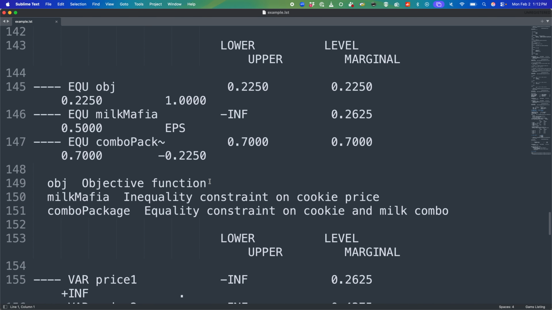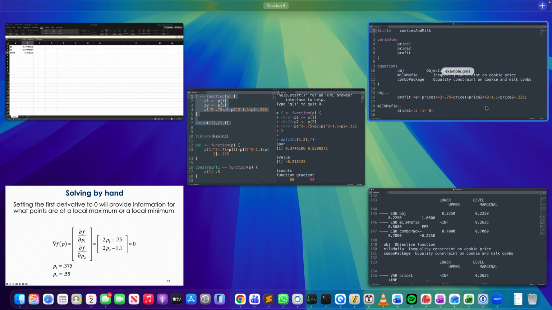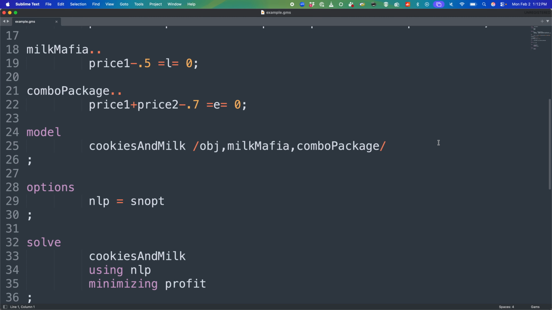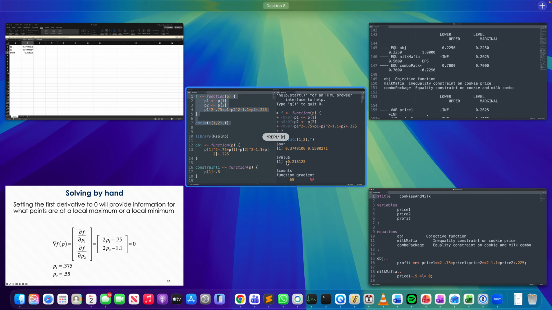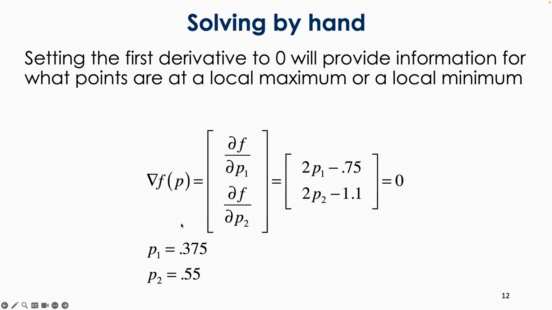This is gonna be for a later example when we add some constraints. Okay, I'll come back to that in a minute. But yeah, GAMS is a nice way of doing optimization on a platform that's built specifically for optimization.